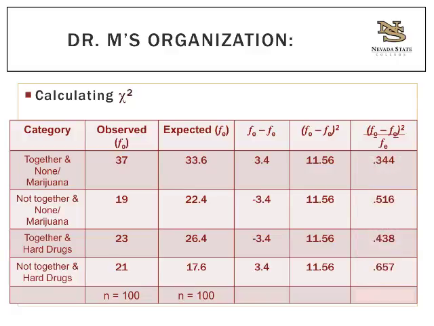So here, 11.56 divided by 33.6 gives us this number, 0.344. 11.56 divided by 22.4 gives us 0.516, and so on. So 11.56 divided by 26.4 and 11.56 divided by 17.6.